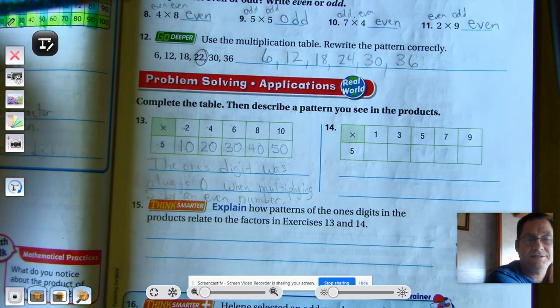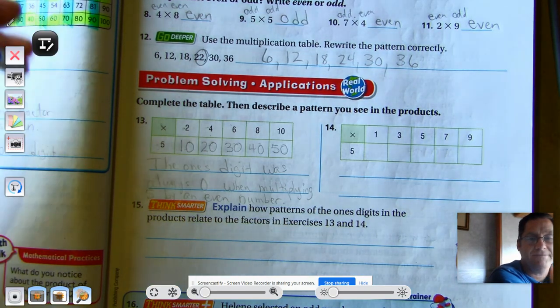The ones digit was always 0 when multiplying 5 by an even number.